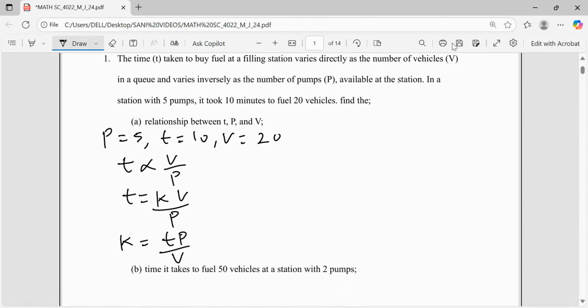Then we can substitute the numbers. So K equals 10 times 5 divided by 20 equals 5 over 2.